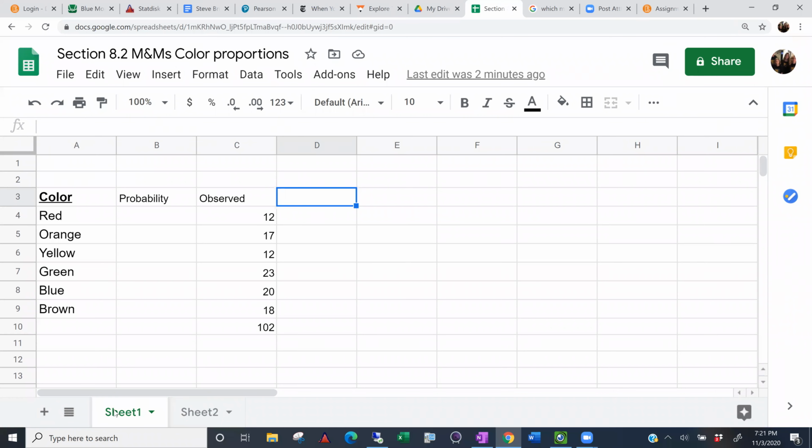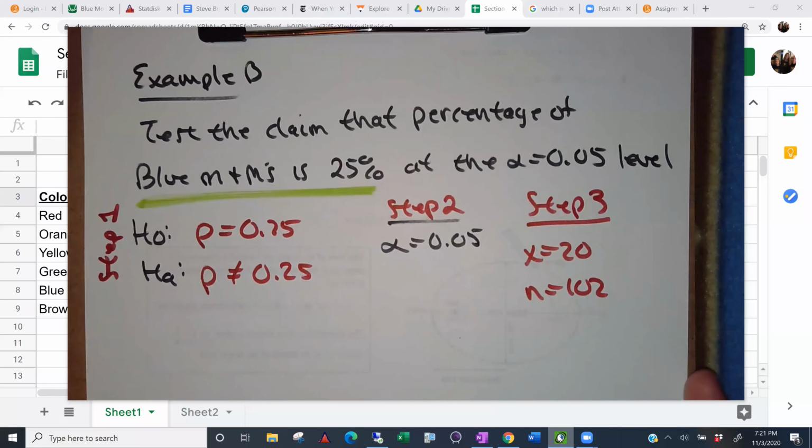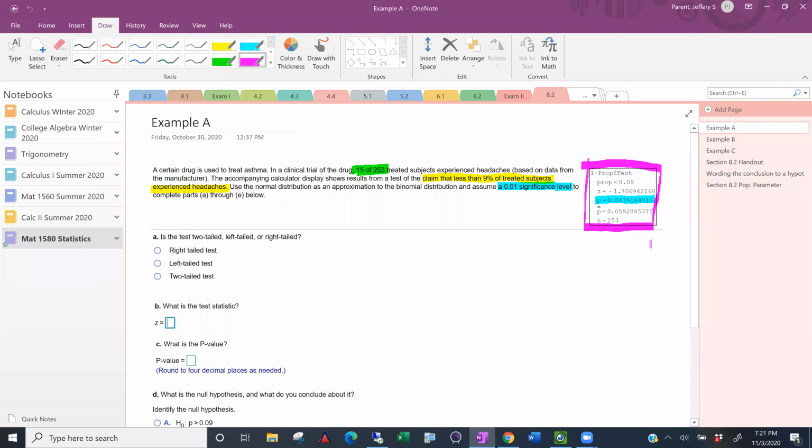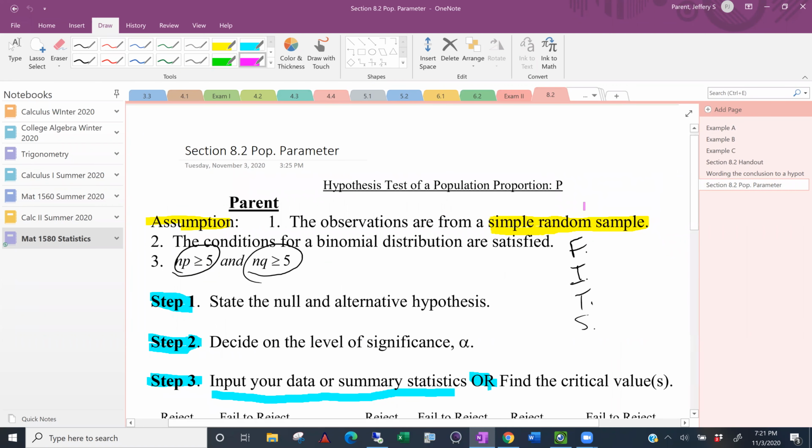We should take a moment and check that this satisfies the assumptions for our hypothesis test. For that, I can look back at our handout. The observations are from a simple random sample. We're just going to have to assume that.